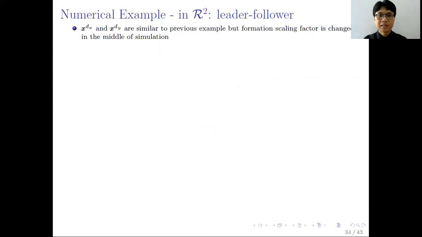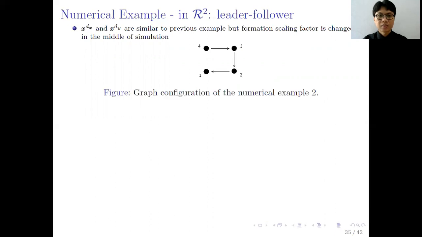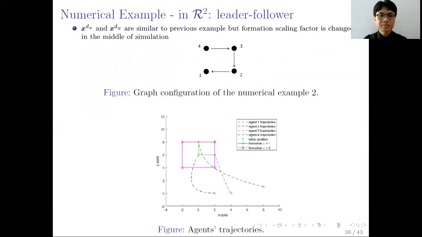And this is the second example where we use leader-follower network. The desired formation pattern is similar to the previous example, but now we change the formation scaling factor in the middle of the simulation. And this is the graph configuration for the numerical example 2, and we set agent 4 to be the leader agent.